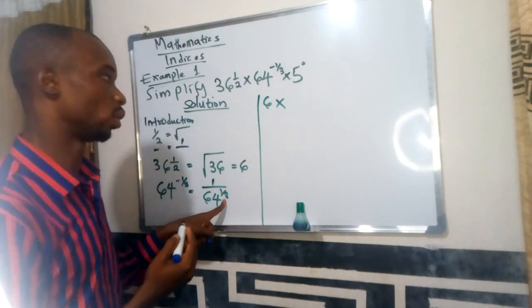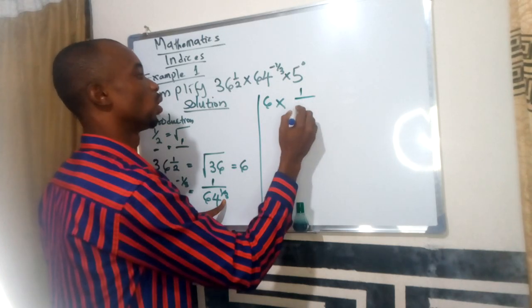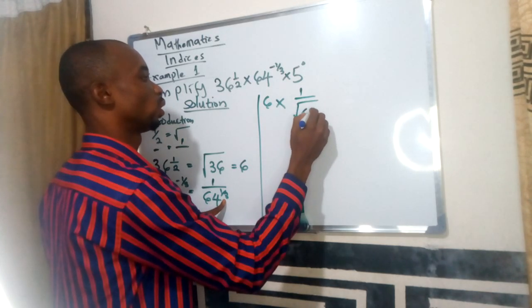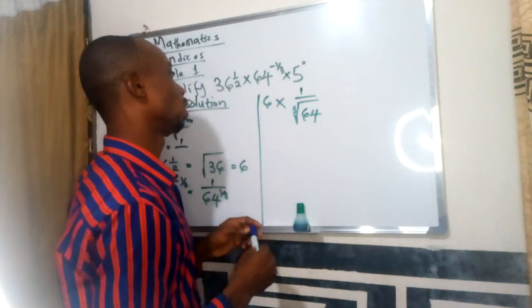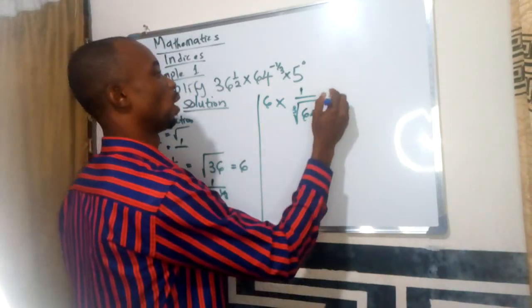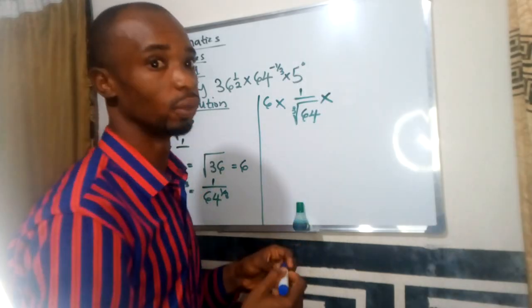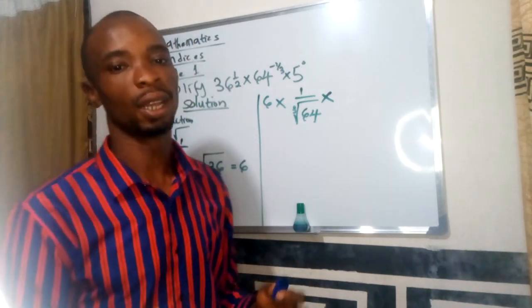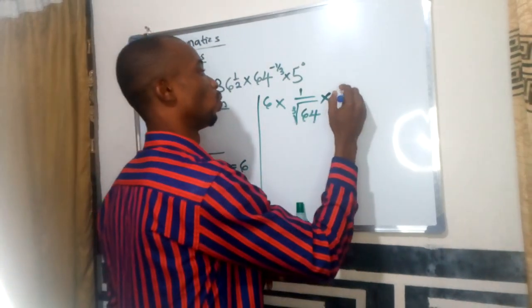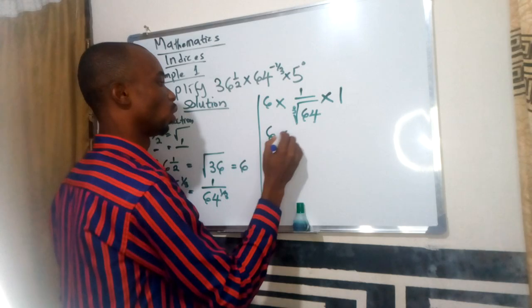Remember we said 1 over 3 is cube root. So that means we have 1 over cube root of 64. Make sure you put your 3 there to tell you that that is the cube root. Then you move over to 5 raised to the power of 0. Remember, like I said, any number raised to the power of 0, the answer is 1. So we have 1.